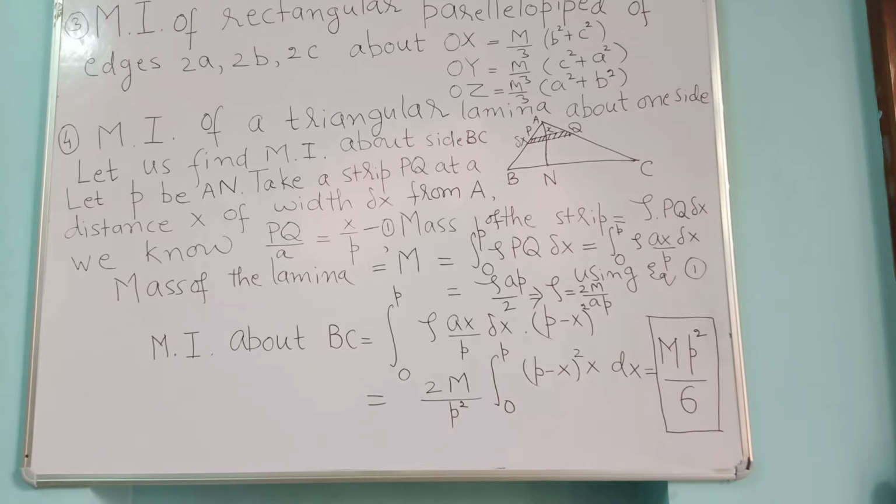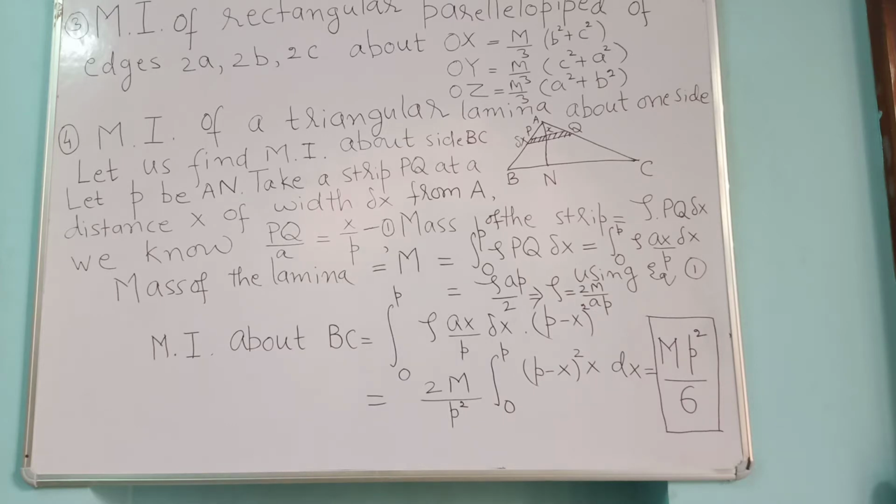Now let me take the next case, which is to find the moment of inertia of a triangular lamina about one side of it. Okay, now let us do this question. First of all, we will draw the figure. It is a triangular lamina.